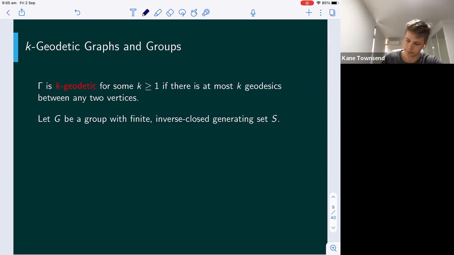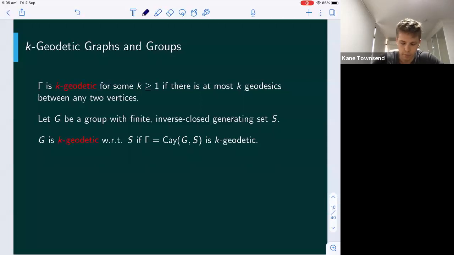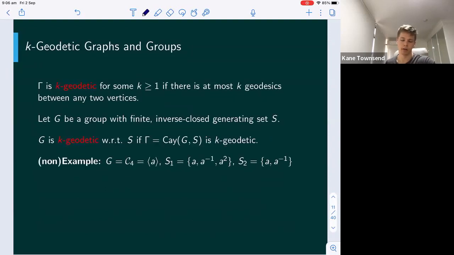We'll say that the group is k-geodetic with respect to some generating set if the Cayley graph of that group is k-geodetic. Some examples: what we'll see is it actually does depend on the generating set we choose. If we take the cyclic group of order 4 and choose 2 different generating sets, the first one is just all elements other than the identity, and the second one is just one element and its inverse.